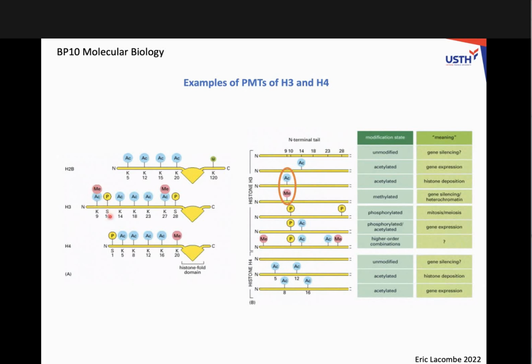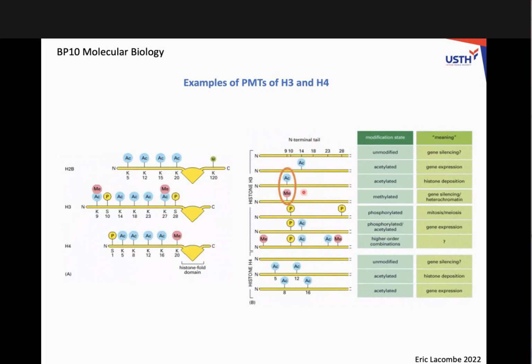The serine at position 10 can be phosphorylated. Lysine at 14 only acetylated, and so on and so on. And this, what they call the histone code, is about what the modifications on the tail are and what the function is.